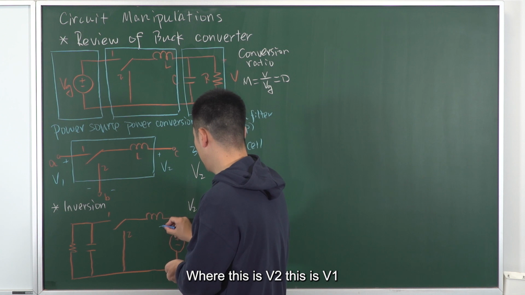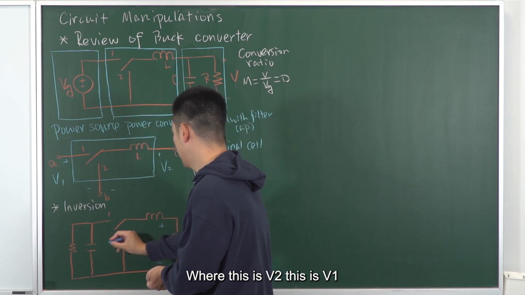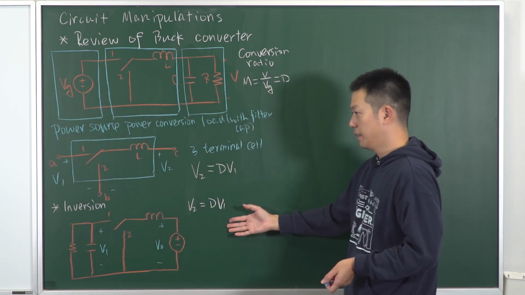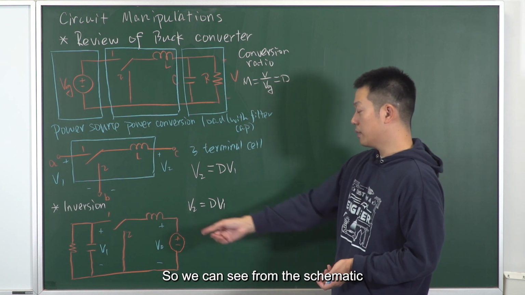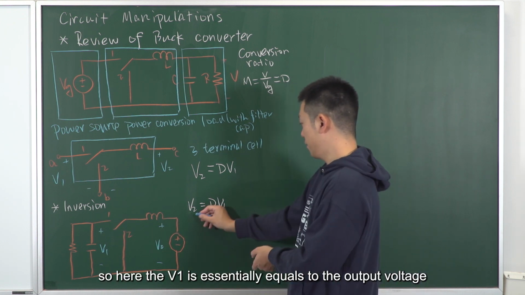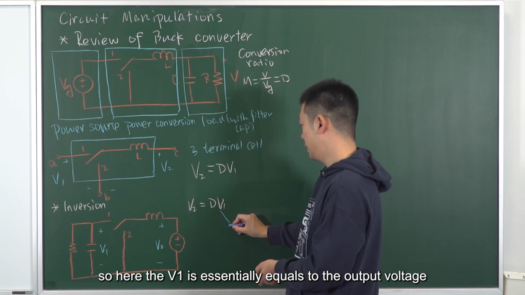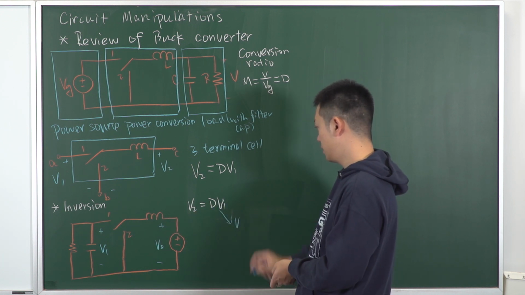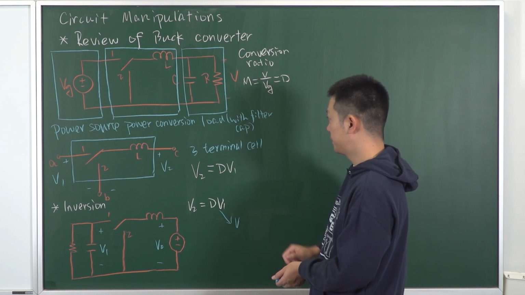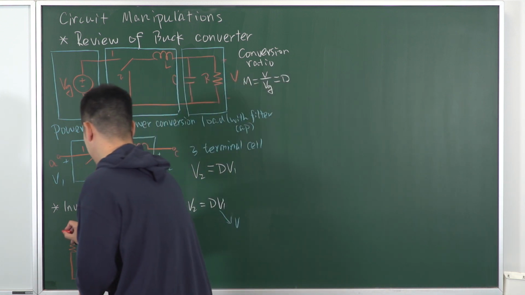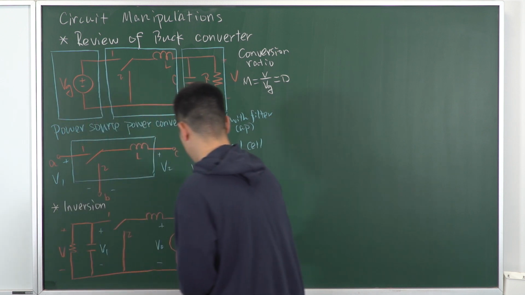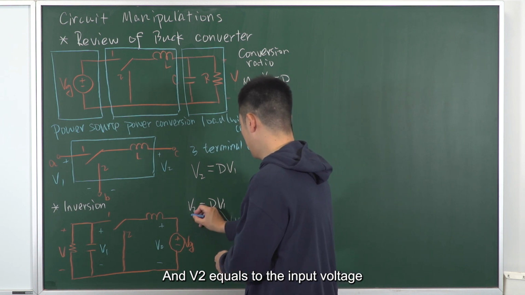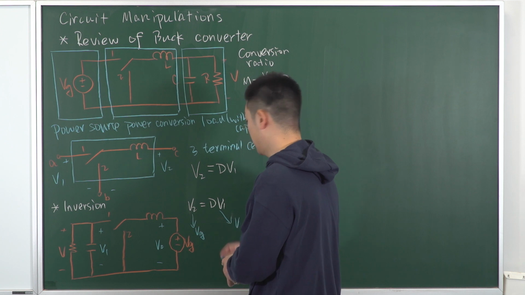Here this is V2, this is V1. So we can see from the schematic that V1 is essentially equal to the output voltage, and V2 equals the input voltage.